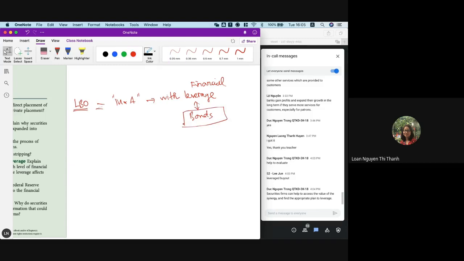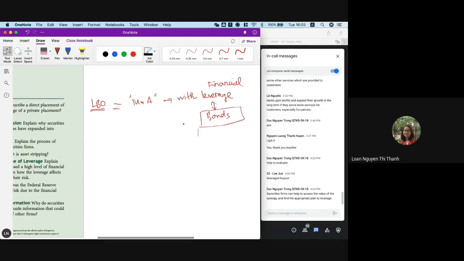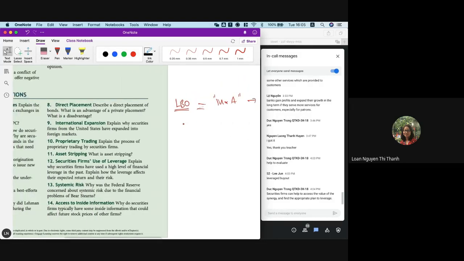Okay, bonds. So the role of the security firms: they can assess the value of synergy, and an appropriate plan to leverage. Good.